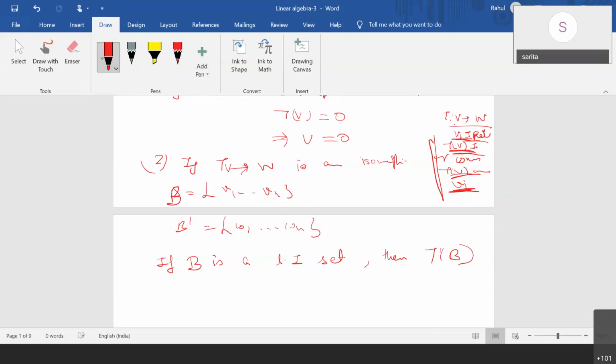Then TB, which is actually defined as TV1, TV2, up to TVN.